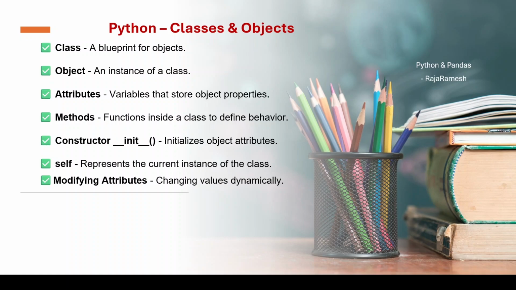Attributes are the variables that store properties of the objects. Methods are the functions inside a class that define some behavior for that class. And we discussed the init function, which is a constructor. It initializes the object's attributes. Make sure to provide self, which represents the current instance of the class. And we also saw how to modify attributes of an object.